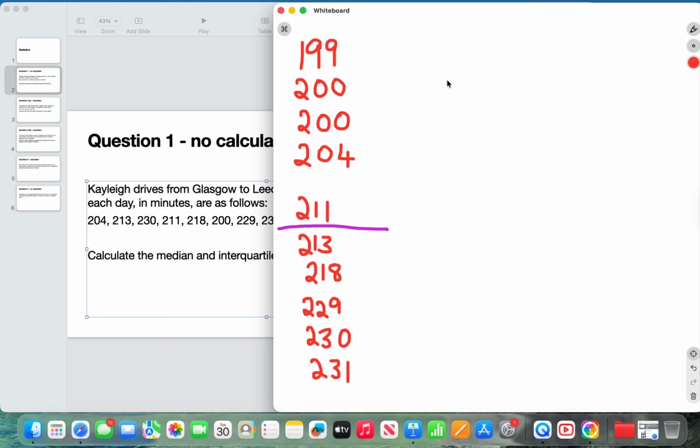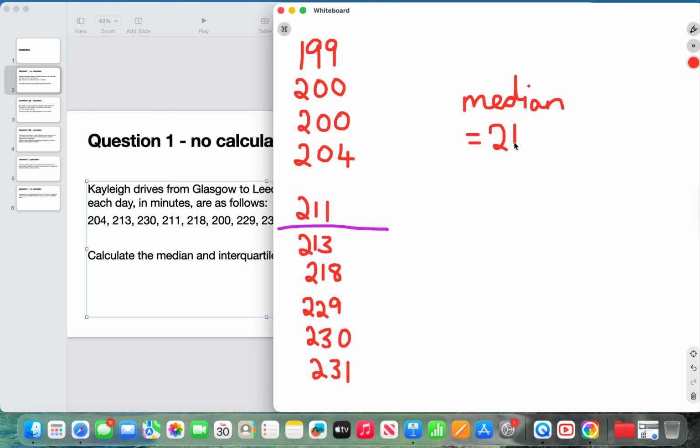So if we have an even number of values, the median is going to be the number in between these two. So the median, and the partition is between these two, so we take the median of these two and we get 212.